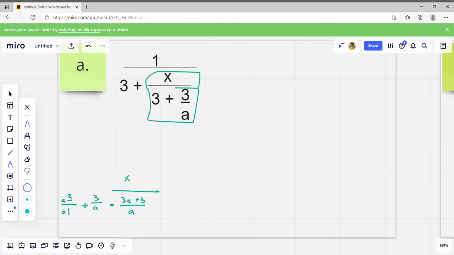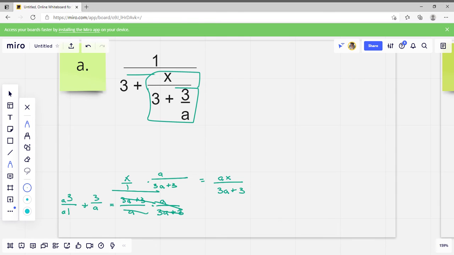That's over X. And I'm going to put my X over 1, because now I have to flip and multiply. Okay, times A over 3A plus 3. Okay, these get canceled. Alright, and then I'm going to have AX over 3A plus 3.